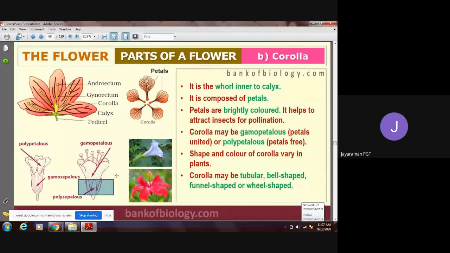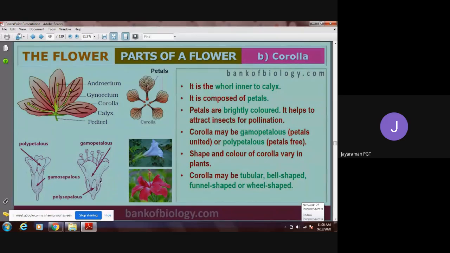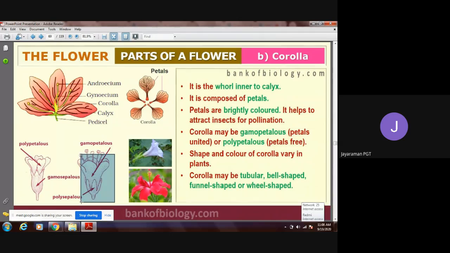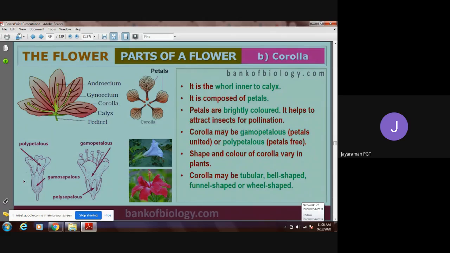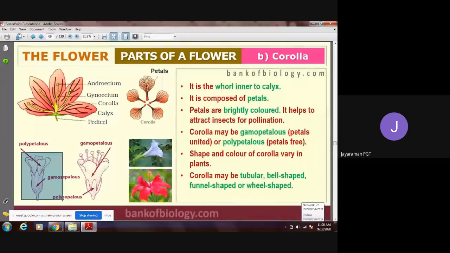Sometimes in examinations a diagram like this comes, and you have to identify the nature of sepals and the nature of petals. In this picture, the petals are fused, gamopetalous, and sepals are free, polysepalous. Be very careful. And in the first picture you can see the sepals are united, gamosepalous, but petals are free, polypetalous. So these are the terms you have to know, poly and gamo.